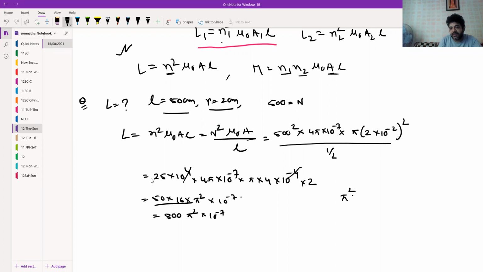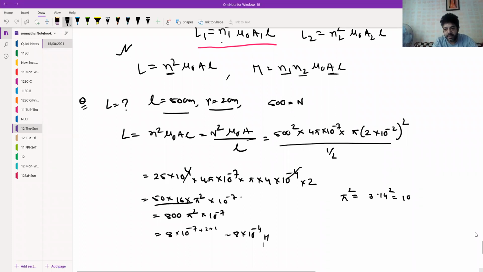Pi ka square jo hai, you can calculate 3.14 square, which is almost 10. So 8 into 10 to the power minus 7 plus 2 plus 1, that is 8 into 10 to the power minus 4 Henry. Yes or no? Yes sir. So this is the first question.